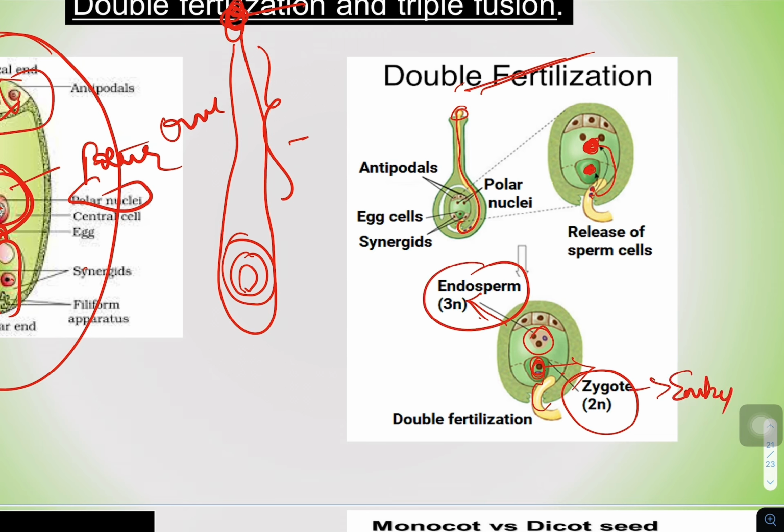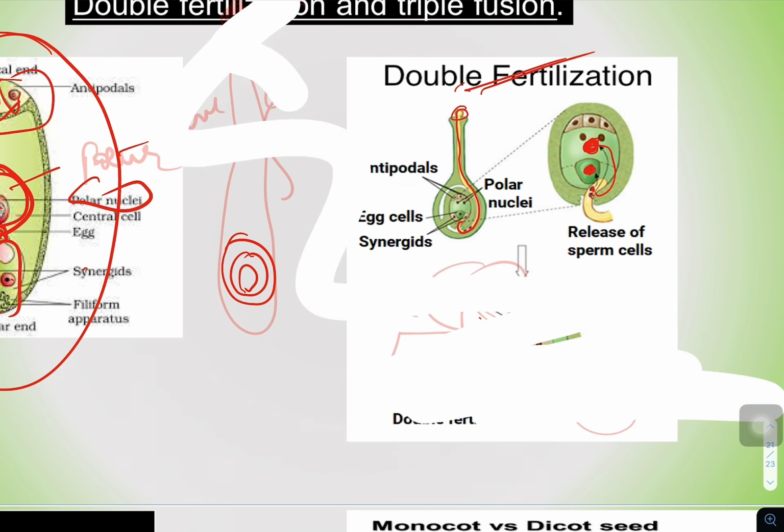This endosperm is nothing but a nutritive tissue for the developing zygote. For the zygote to develop into an embryo, it needs food, it needs energy. That energy is provided by the endosperm, and hence fertilization is taking place two times.